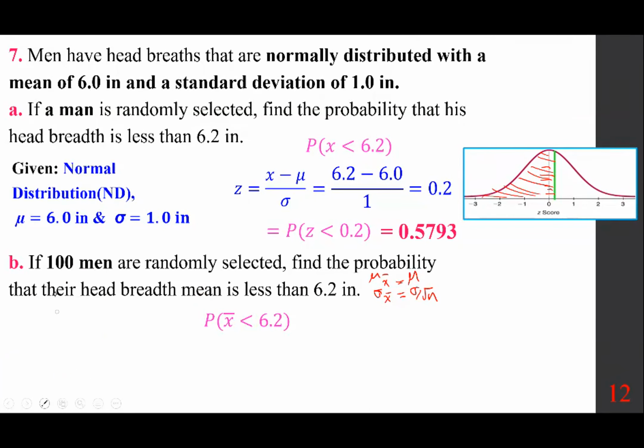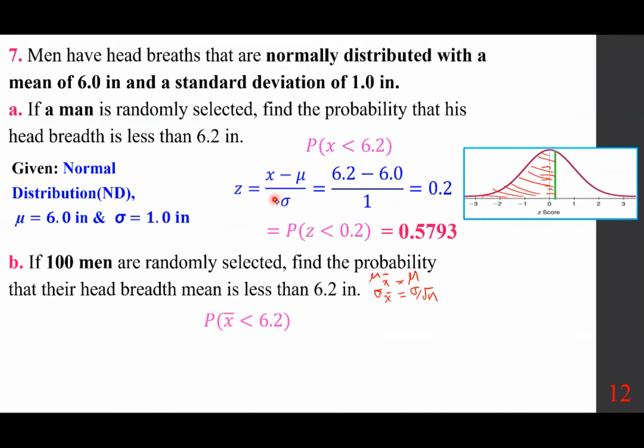In other words, if you have all those X bars and you take the average of them, it becomes the same average that we had in the first place, but sigma of X bar is sigma over square root of n. So if I want to calculate the z-score here, in the case of n equals 100, I'm going to use the same formula. Instead of mu, I'm going to put mu of X bar, which is the same as mu.